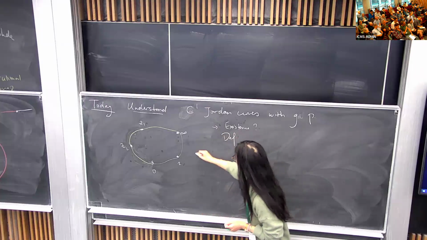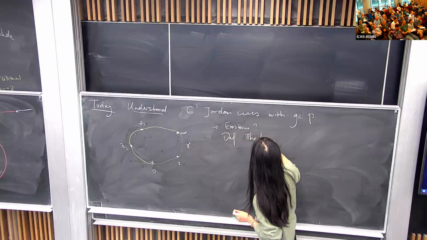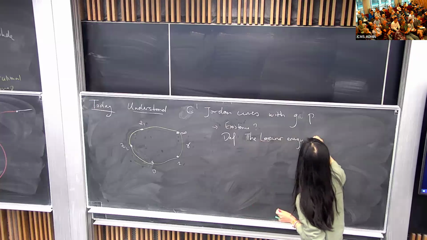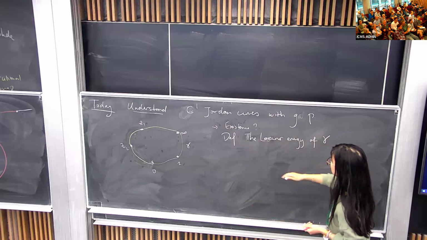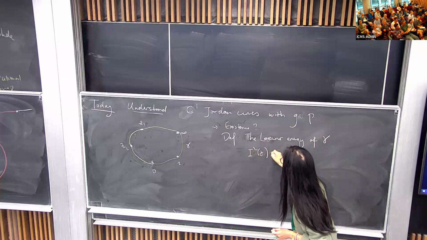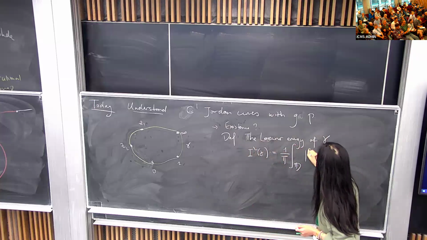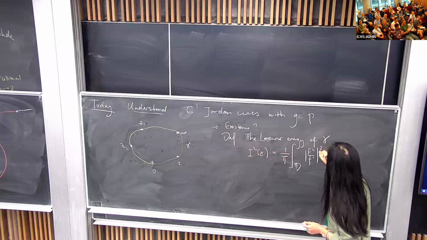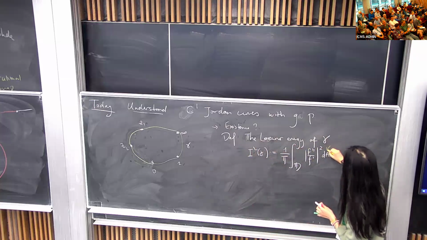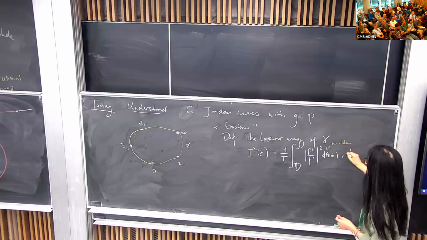So for curve gamma, the Loewner energy for gamma is defined as 1/pi times the Euclidean parameter, 1/pi.